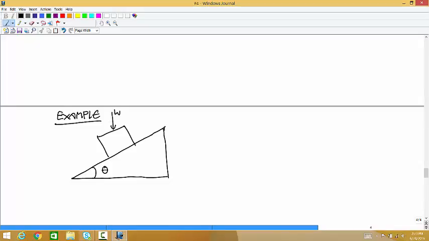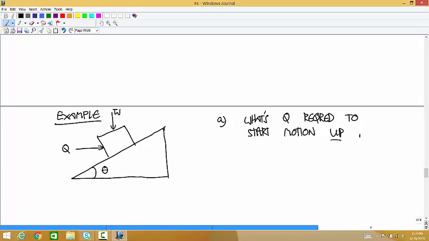We have a vertical W and a horizontal Q. And we want to know: A, what's the Q required to start motion up the ramp?